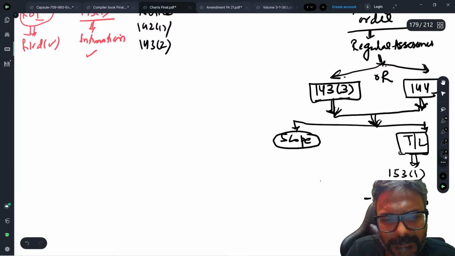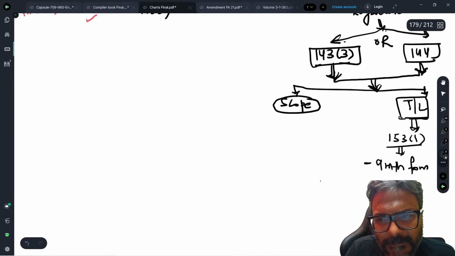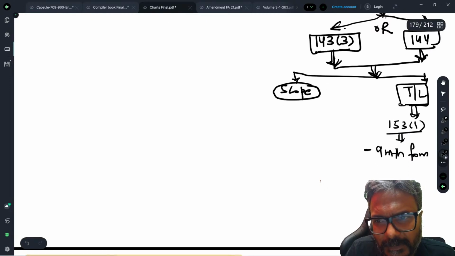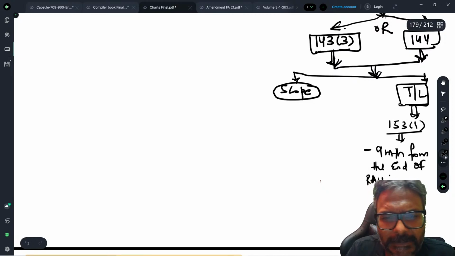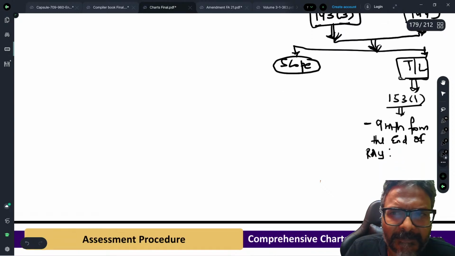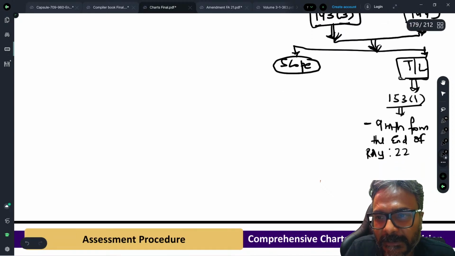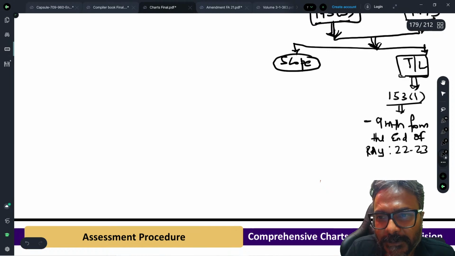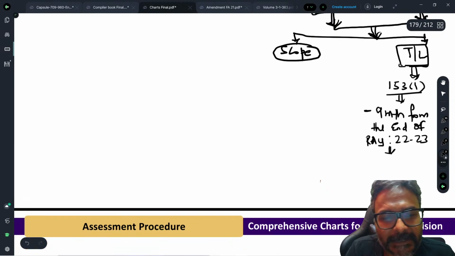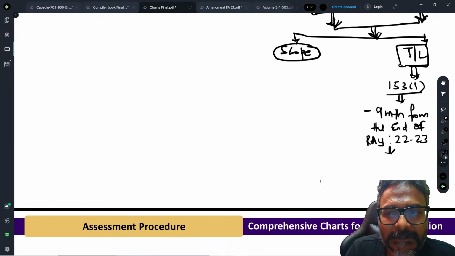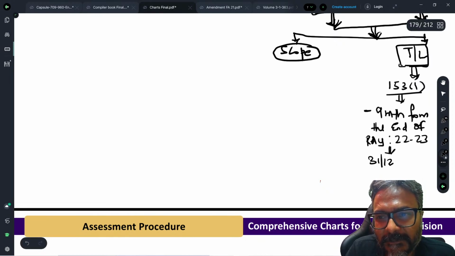From the end of 9 months from the end of the relevant assessment year, and therefore for the relevant AY 22-23, that 9 months will be what? 31st of what, students? 31st of December 2023.